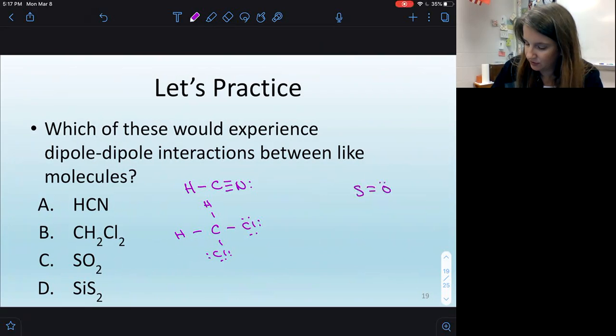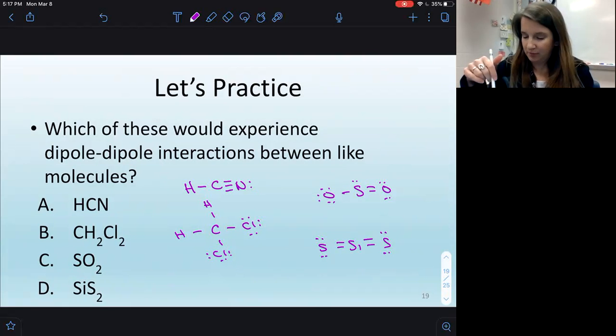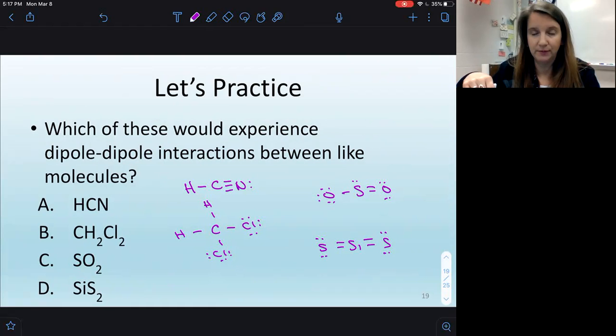The SO2 we drew yesterday. And the SiS2. So why don't you pause this, practice if you can figure out which one is polar or non-polar, and then which one's going to have the dipole-dipole interactions and which ones aren't, and then restart the video and see if you were correct.